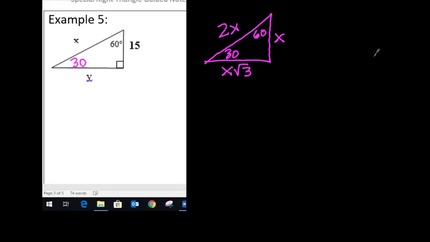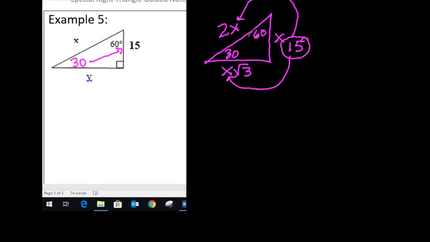All done. Okay, so this one, the nice and easy one, is when you're given the short leg, or across from the 30, you already know x. So if I know x is 15, we know the x, so this has got to be 15. And we're just plugging that in everywhere that I see the x.